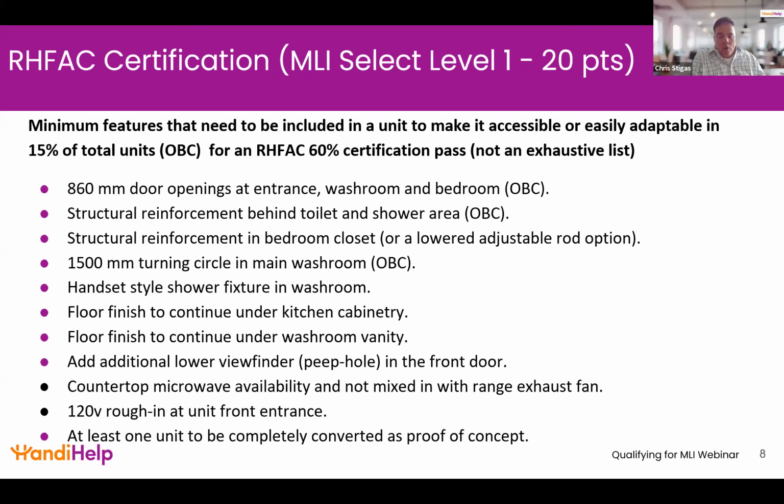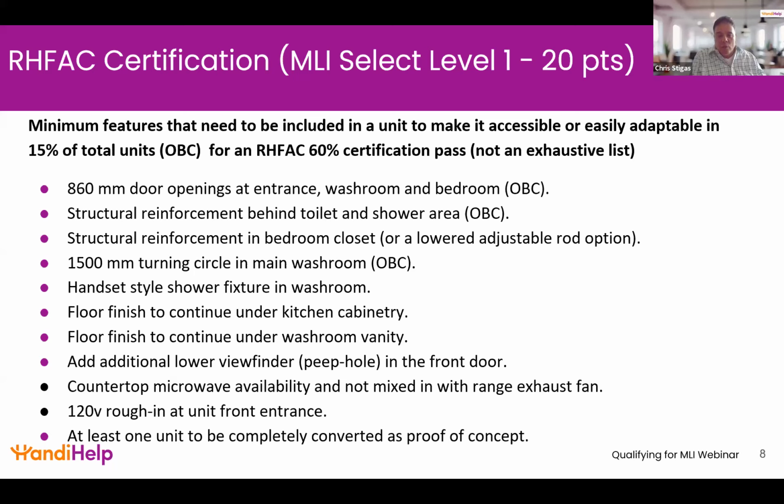So for visitable existing buildings, the requirement drops from 1200 millimeters down to 1000 millimeters. And really everything else, yes, you could swap out doors and door frames to make them wider, but it's really that 1000 millimeter up to and in front of the toilet for the visitable units, and also in the barrier-free units, because now you're going to need to have 15% of the units be barrier-free.